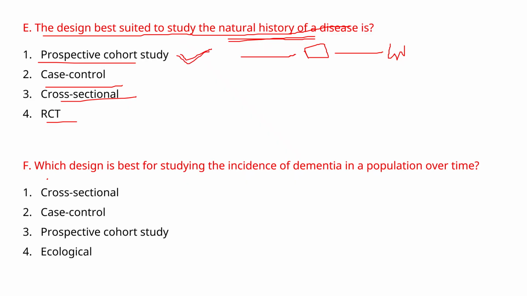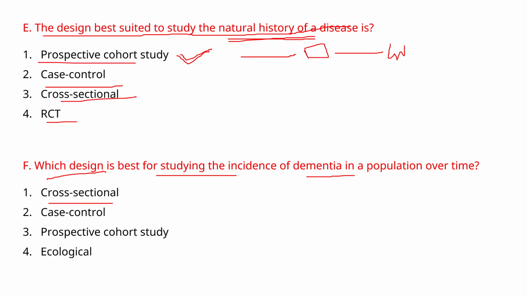The next question, which design is best for studying the incidence of dementia in a population over time? Before that, we should know what is dementia. Dementia is an umbrella term for progressive decline in cognitive functions such as memory, thinking, and behavior that disrupts daily life, typically in people over 65.